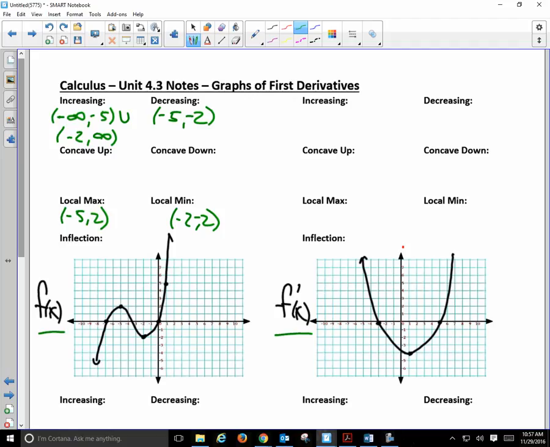Estimate it. Sure, like negative 3, negative 3.5, something like that. So I'll call it negative 3.5. So then it's concave up from negative 3.5 to infinity, and it's concave down from negative infinity to negative 3.5.